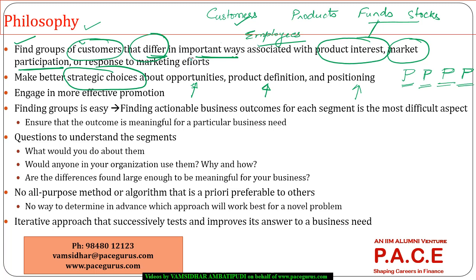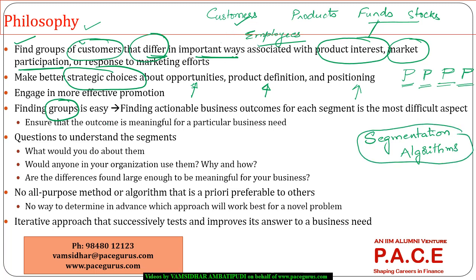The moment I am able to identify the groups which behave differently, then my task is very clear. How do I relate this particular group to my business objectives? Does this group differ with respect to the other group in any of my business aspects? Now here, one thing let me tell you, finding the groups is very easy. We have so many segmentation algorithms that are available in any of the statistical packages, whether it is SPSS, SAS, R, whatever the names you call.